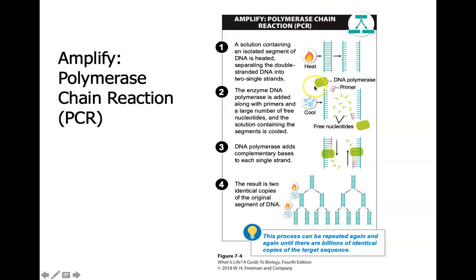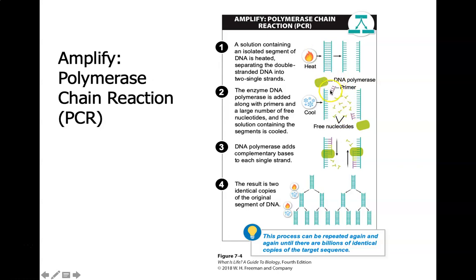One is DNA polymerase, an enzyme that is going to replicate our DNA. DNA polymerase will come in and add the complementary sequence to our exposed strands there. So we also need those nucleotides in there to make our complementary strand.